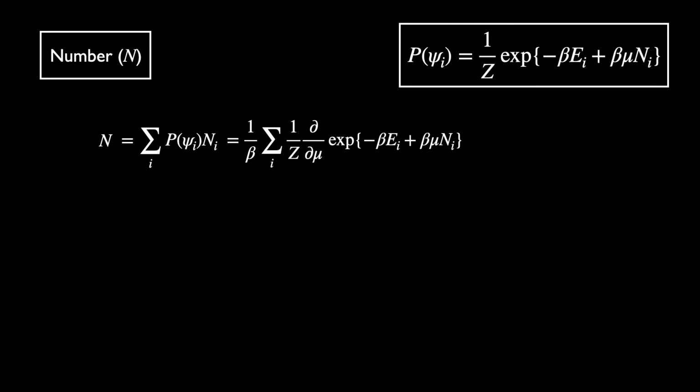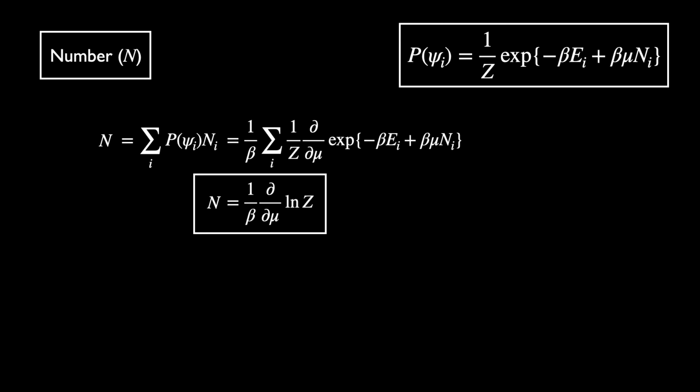But the derivative of the Boltzmann factor with respect to μ divided by Z is just d log Z / dμ. Putting everything together, we have N equals 1 over β times d log Z / dμ. This is our first result. We can see that the partition function acts like a generating function for the statistical quantities of a macroscopic system.